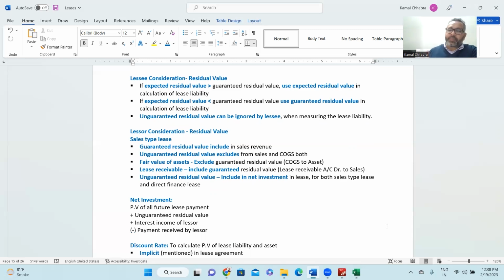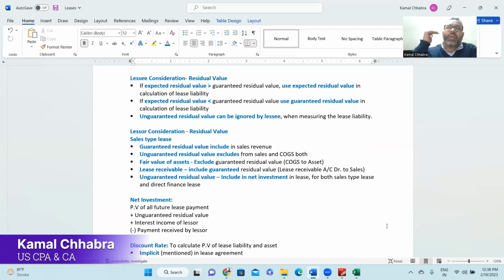For example, you have taken a car on lease which has a market value of $50,000 now, and you have taken that on a lease for a period of 5 years. After 5 years, you are expecting the market value of the car is $10,000, right? That is your expected residual value. And you have guaranteed to make a payment of $5,000 to the lessor to purchase that car after the lease term.